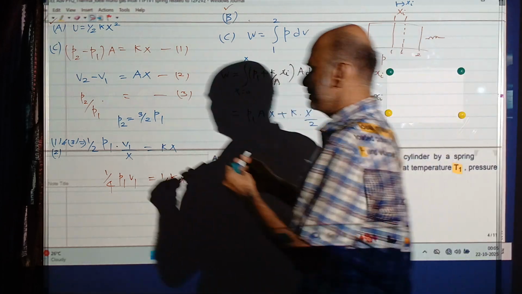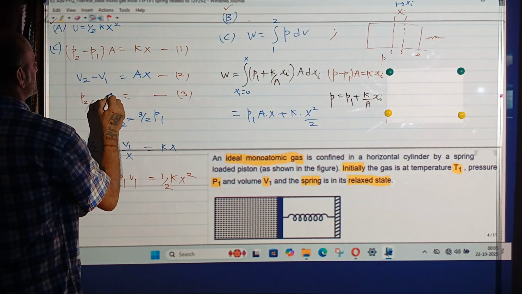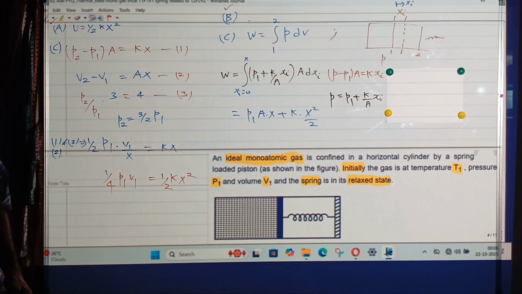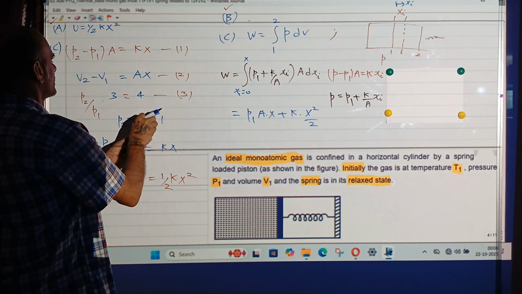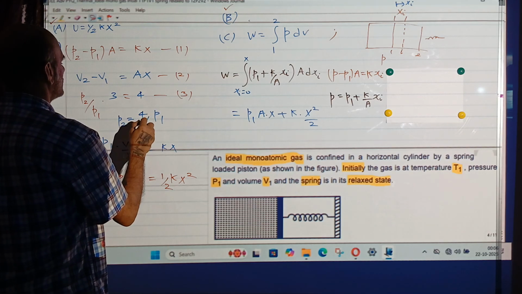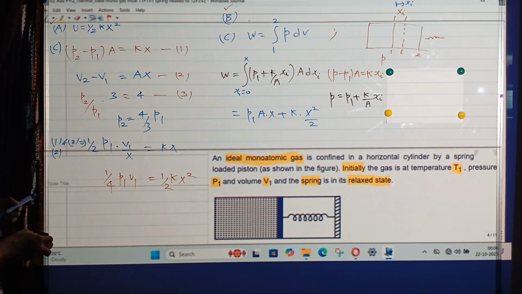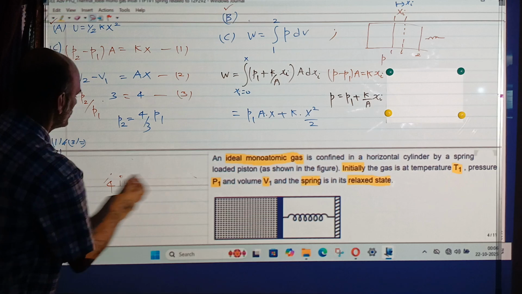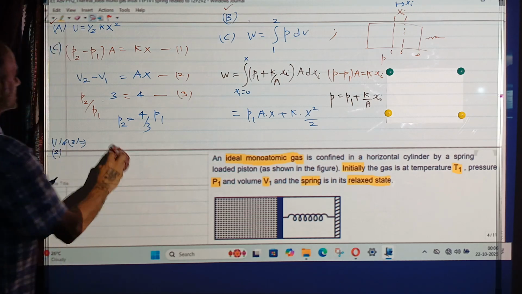So pressure ratio times volume ratio, which is 3, equals the temperature ratio, which is 4. So this will become 4 by 3. So same thing as done in option A, with the new volume ratio and temperature ratio.